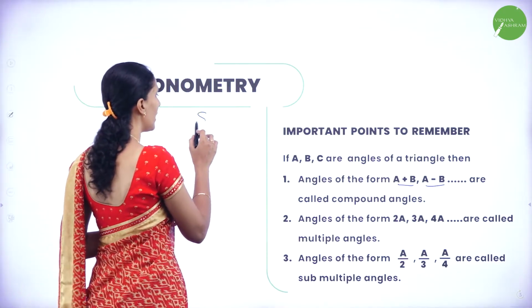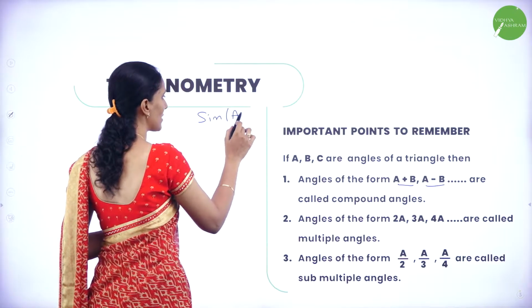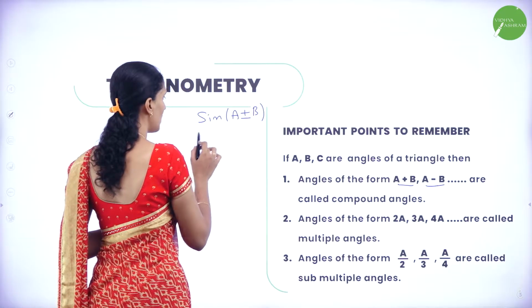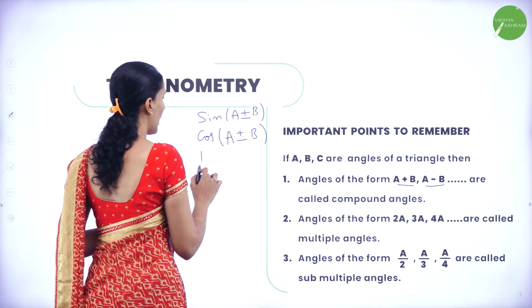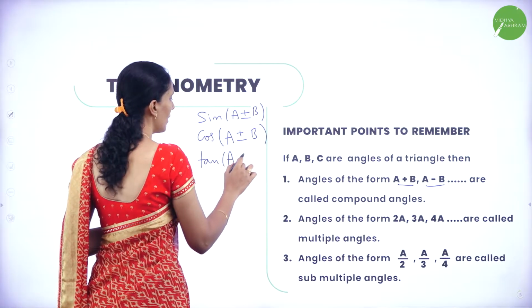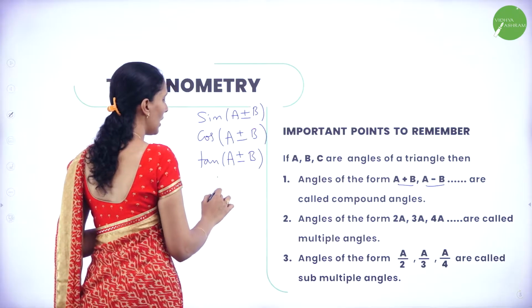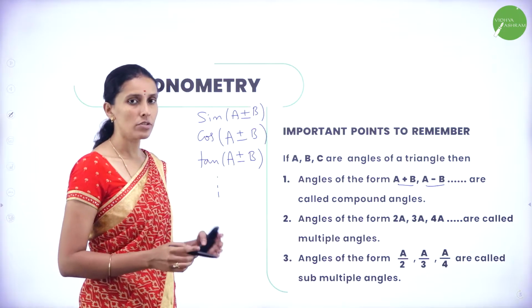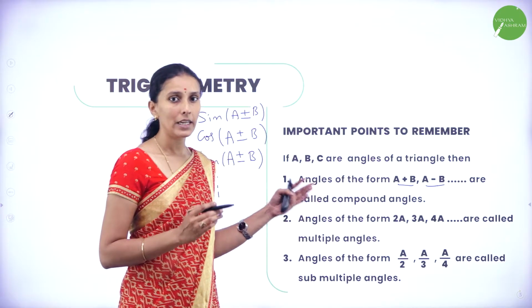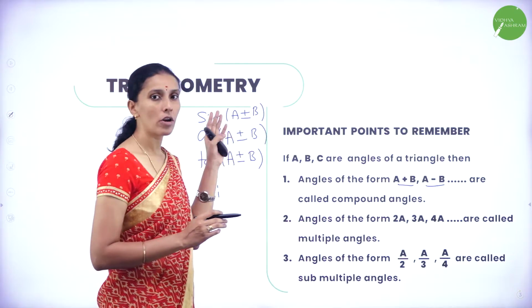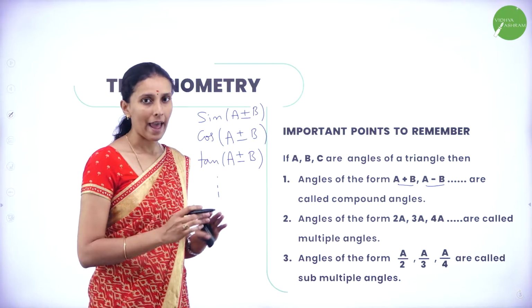It may be in the form of sin a plus b or sin a minus b, cos a plus or minus b, tan a plus or minus b. Similarly, other trigonometric ratios are all called compound angles when there is a sum or difference of any two angles.